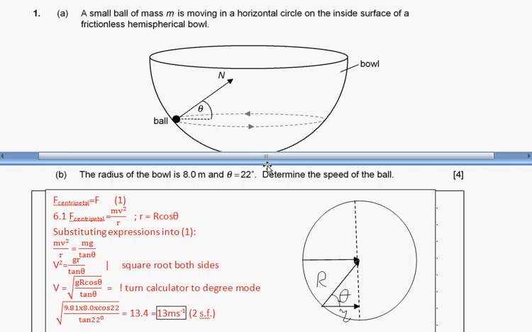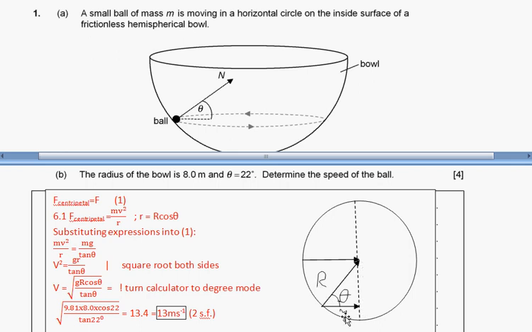The radius of the bowl is 8 meters, 22 degrees is the angle. Determine the speed of the ball. So first of all, I have redrawn the picture, and this is the radius of the circle along which the ball is moving. This radius is not the radius of the bowl. They are linked, according to this picture, by trigonometry.